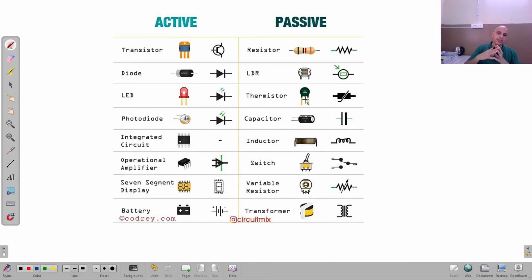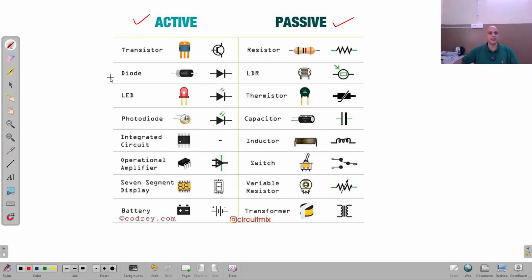All the components in electronics can be divided into two categories. One is active components and the second is passive. Now, active components are those components which are capable of doing the amplification. Very simple answer to this question. And passive components are those components which are not capable of doing the amplification.